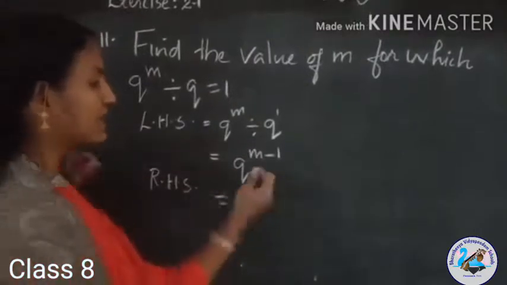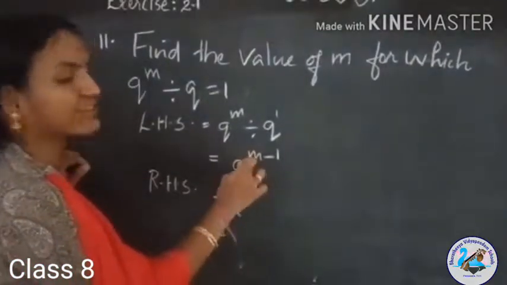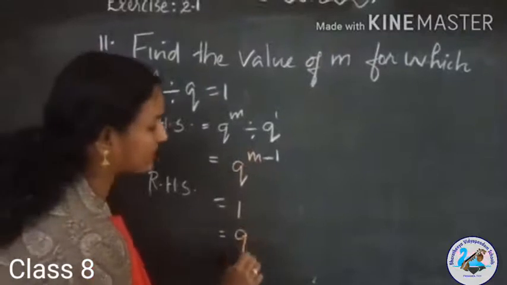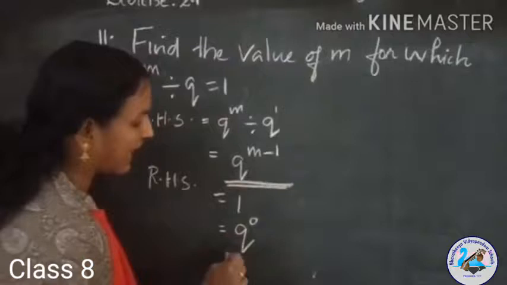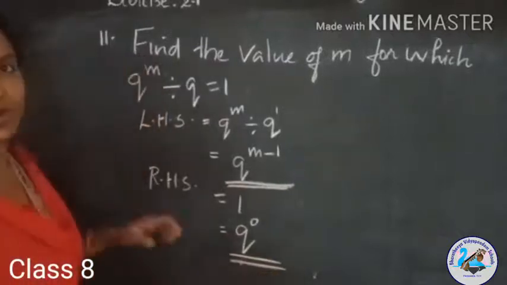So here the variable of the LHS is q, so 1 can be written as q raised to 0. The LHS is q raised to m minus 1 and the RHS is q raised to 0.